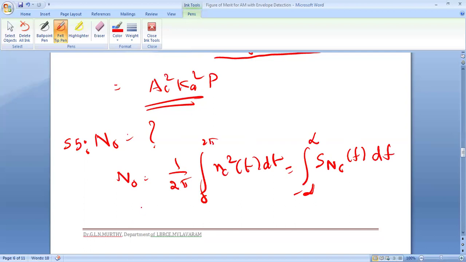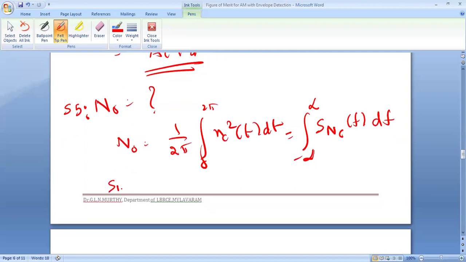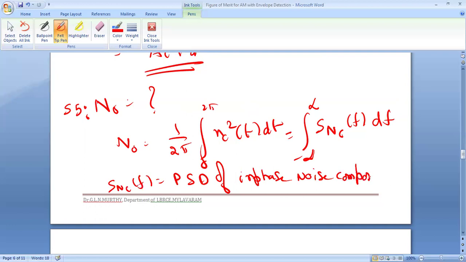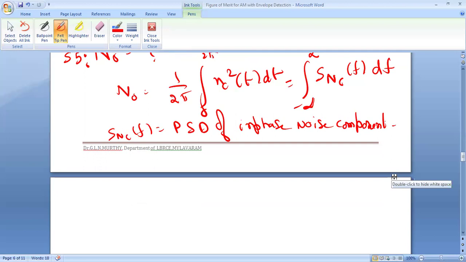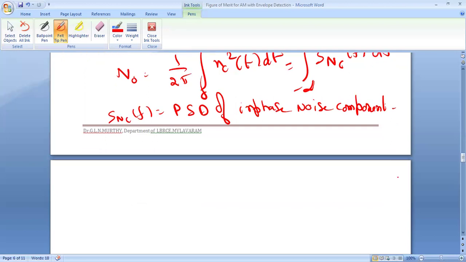Let me mention here, what is the meaning of SNC of F? SNC of F is the PSD, power spectral density, of the in-phase noise component, right? Okay. So as we cannot estimate the average output noise power in the time domain, we are shifting to estimating the power in the frequency domain.